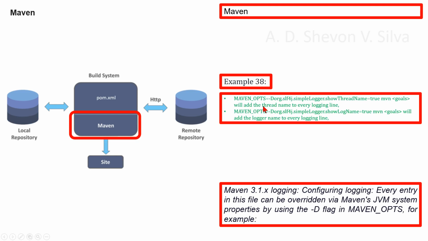This will add the thread name to every logging line, and this will add the logger name to every logging line. The default SLF4J configuration for Maven is listed in the documentation, where you can see other useful property names to customize logging.